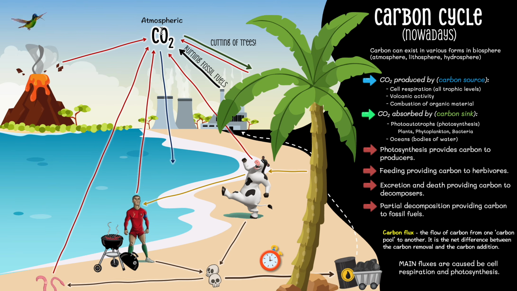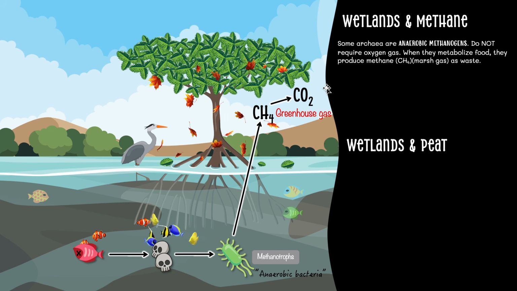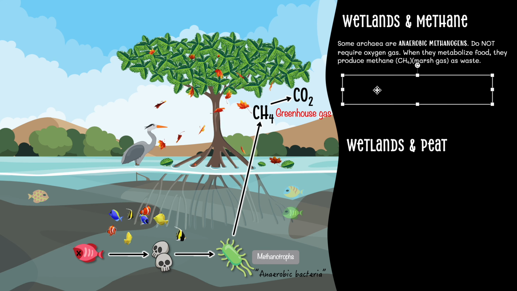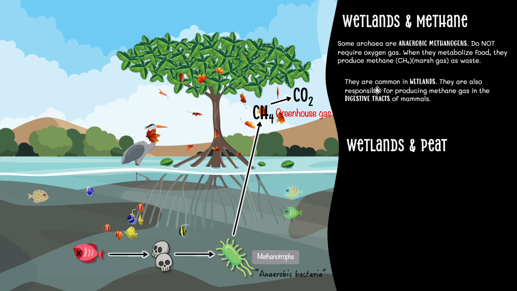So wetlands can also contribute to carbon dioxide indirectly by making methane, which can be converted into carbon dioxide, right? That's very important to understand. Both of these are greenhouse gases, so they can add to the climate change effect, which we'll learn about in another chapter. So these are very common in wetlands. But not only are they here, you know, inside your gut, it's also very harsh circumstances.